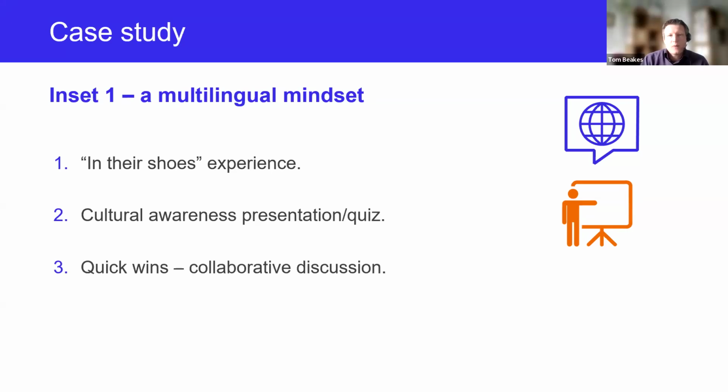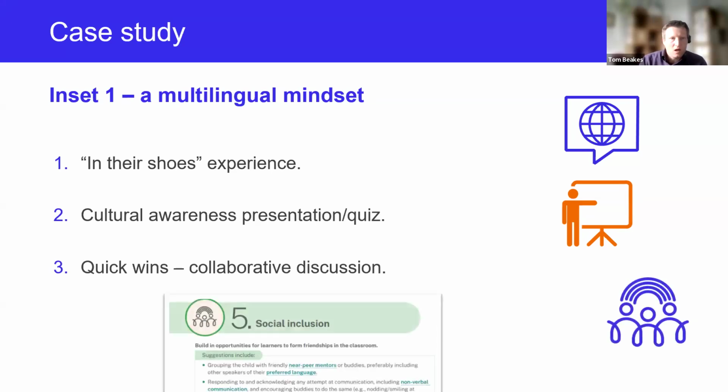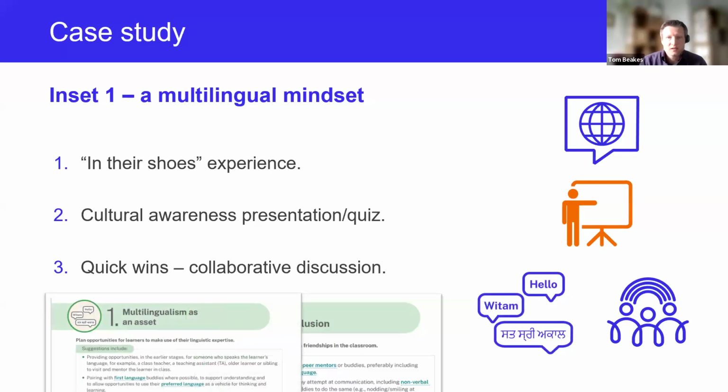And lastly, there's a collaborative discussion among the teachers to agree some quick wins, some simple actions that they can do straight away. And to support that, our EAL lead provides a copy of the A and B support strategies for social inclusion, as well as multilingualism as an asset.